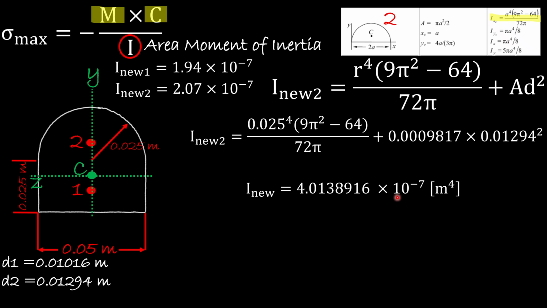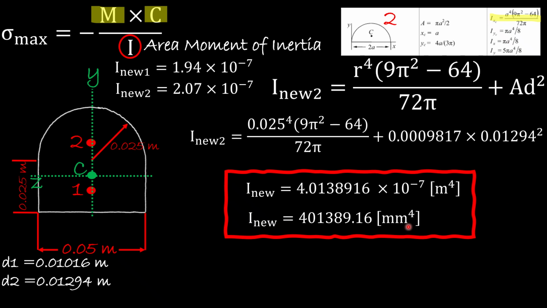You can convert this to millimeters by multiplying it by 1,000 to the power 4. And this is our area moment of inertia right here. So now we found the I value.